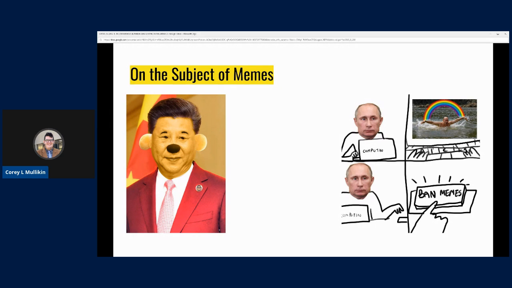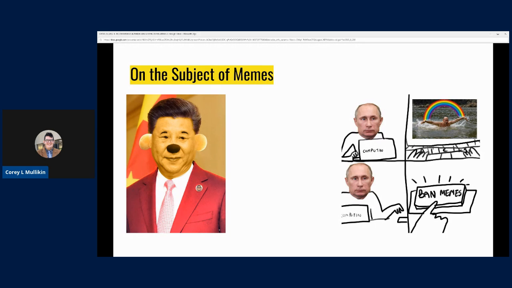Memes. So I brought this up because I've been asked before about memes and their usage. Merriam-Webster actually has the word meme in the dictionary, okay? I promise I am not making that up. So meme, according to Merriam-Webster, is an idea, behavior, style, or usage that spreads from person to person within a culture.